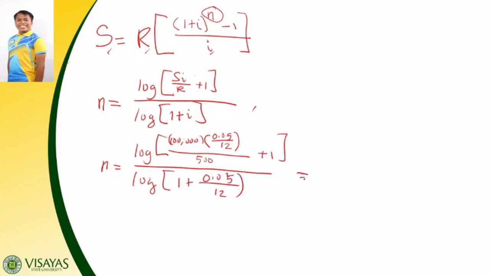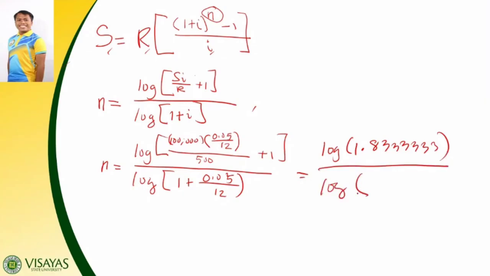Sige daw. Tanaw ni siya. So this is 0.05 divided by 12 times 100,000 divided by 500 plus 1. This is log of 1.833333 and so on over log of 0.05 divided by 12 plus 1.